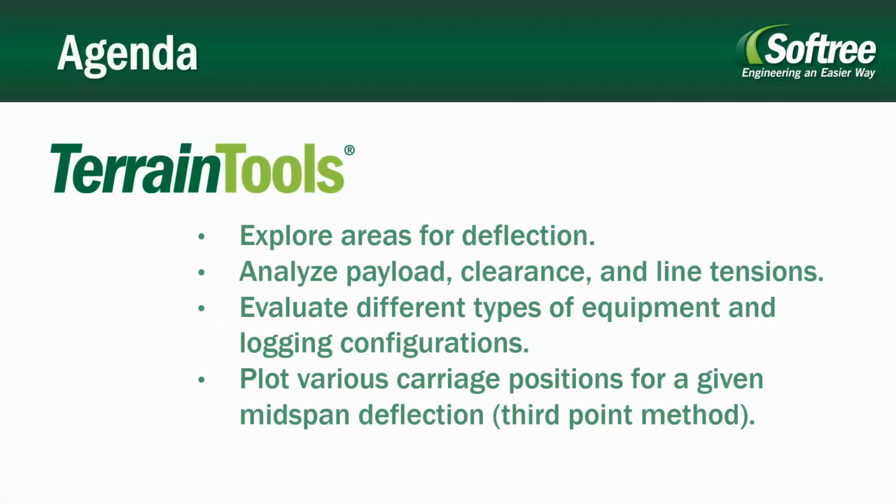So today we'll be covering how the newest version of Train Tools Forestry will be used to explore areas for deflection, analyze payload clearance and line tensions, evaluate different types of equipment and logging configurations, and plot various carriage positions for a given midspan deflection, which would be the third point method.